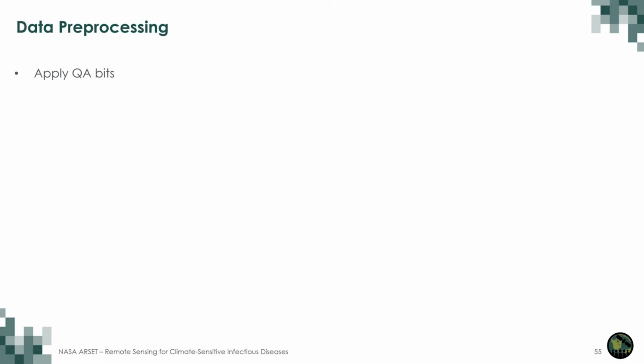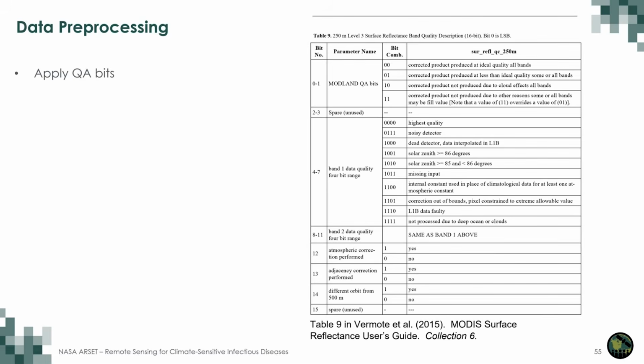Usually MODIS data sets have the fantastic idea of providing users with these quality assessment bits. But those are difficult to interpret and difficult to apply. There are tools available that are going to help make it easy.